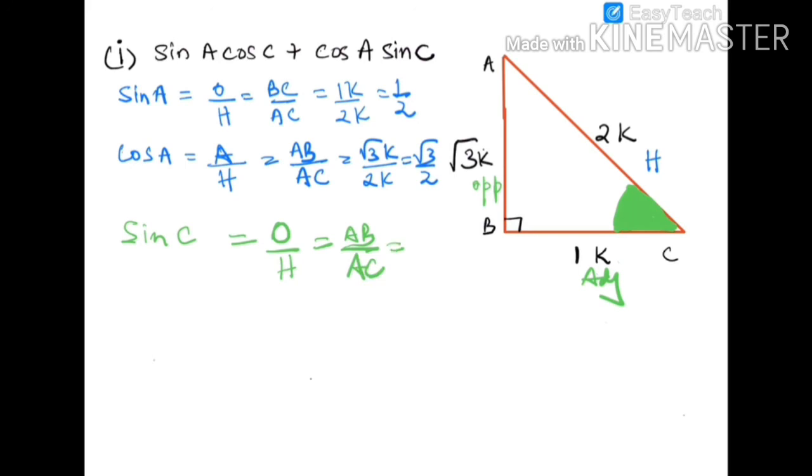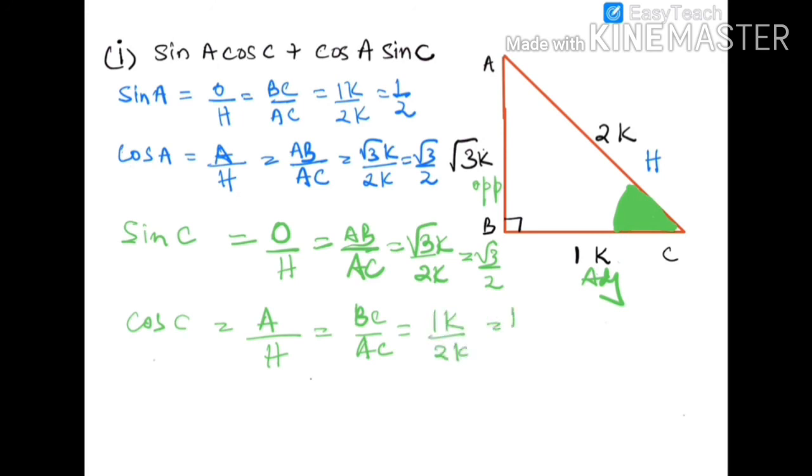On substituting, we will get root 3k upon 2k, which is equal to root 3 upon 2. Cos C is equal to adjacent upon hypotenuse, which is equal to BC upon AC. On substituting, we get 1k upon 2k, which is equal to half.